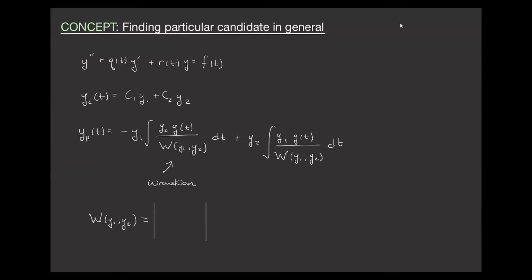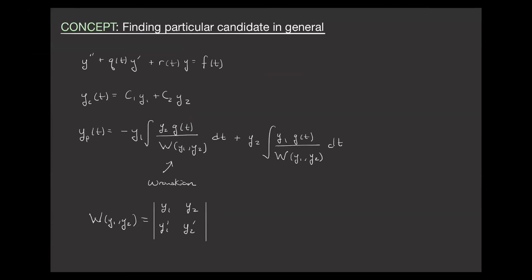I'm not sure what people remember and don't, but from the past, it hasn't been super immediately accessible. Probably been a while since some of you have seen this, but you take the 2 functions, put them in one row, and then you take the derivative of the 2 functions, put them in another row, and then we compute the determinant. And we'll go over more of this in a second.